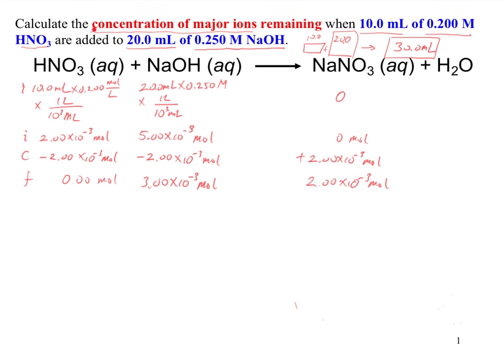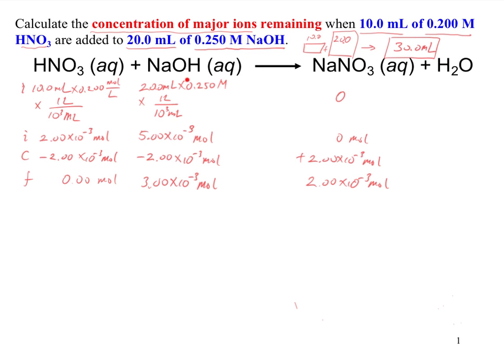Now let's figure out the concentration of the major ions. So what are those major ions? Because we have no nitric acid in the final solution, and this is a strong acid, we do not have H+, and we do not have nitrate ion from this compound.